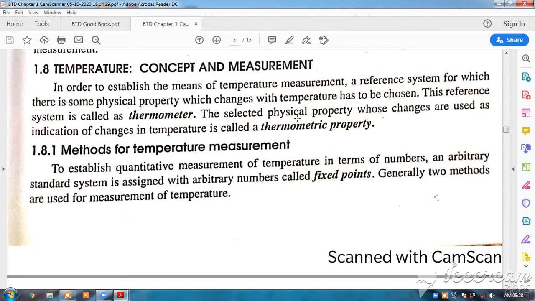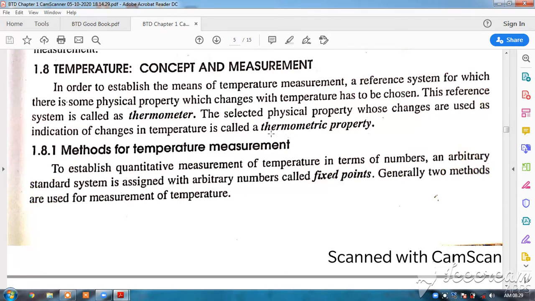The selected physical property whose changes are used to indicate the changes in temperature is called the thermometric property. Like in the mercury in glass thermometer, the change in volume due to increase in temperature is a physical property. So we call it a thermometric property.